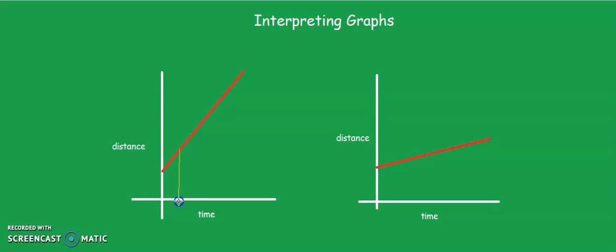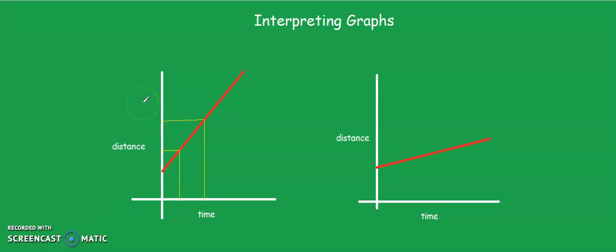Okay, so let's say here, from this point in time to this point in time, let's say like this. And from this point in time to this point in time, how much does the distance increase? So the distance increased from here to here.